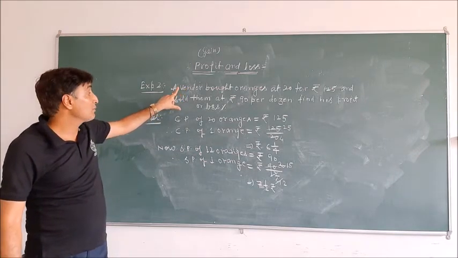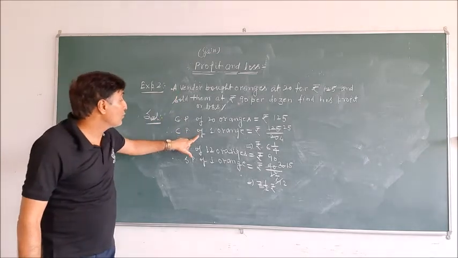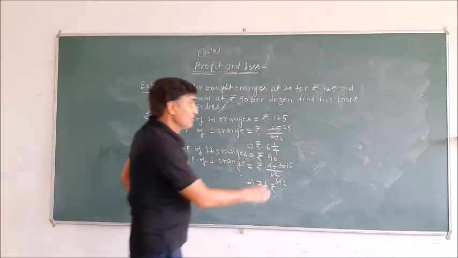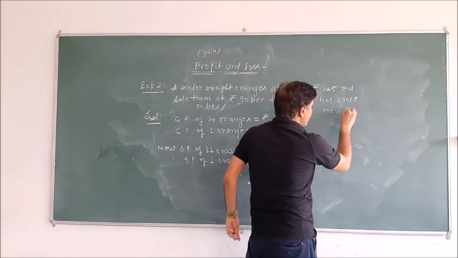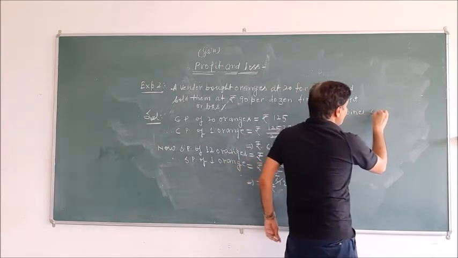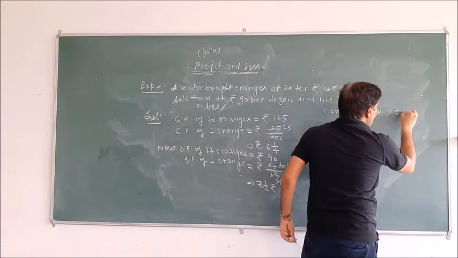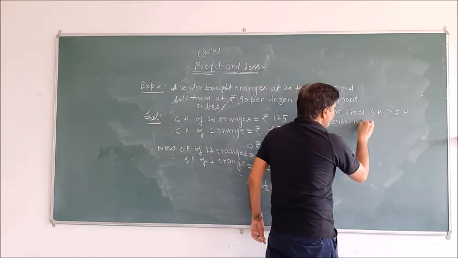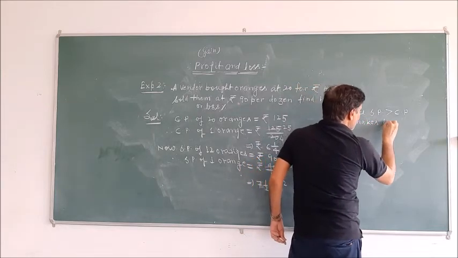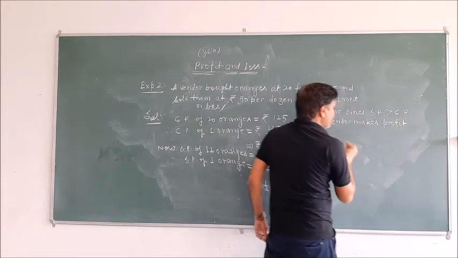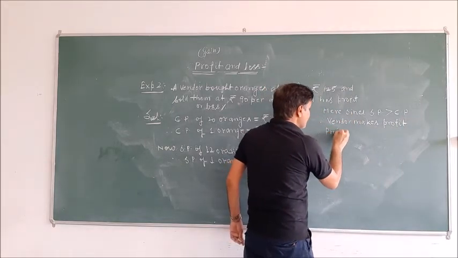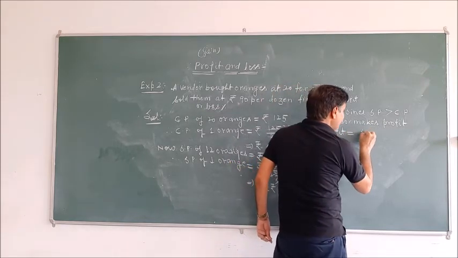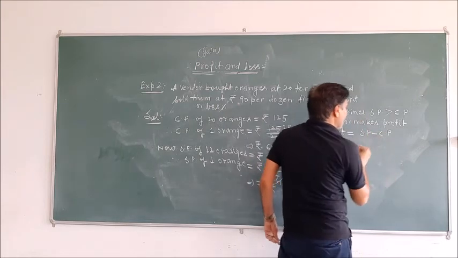We can calculate profit by subtracting the cost price of 1 orange from the selling price of 1 orange. Here, since selling price is greater than cost price, the vendor makes profit, and that profit becomes selling price minus cost price.